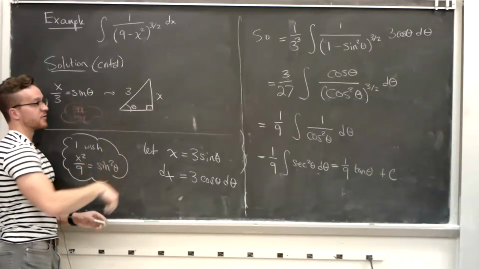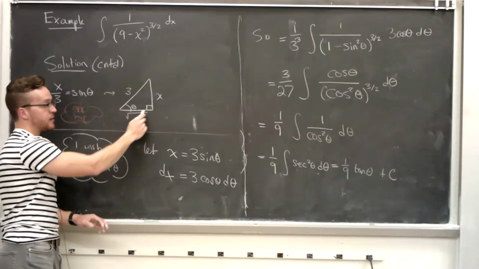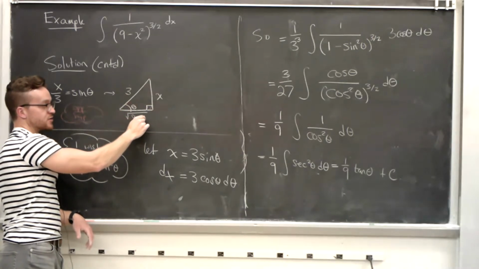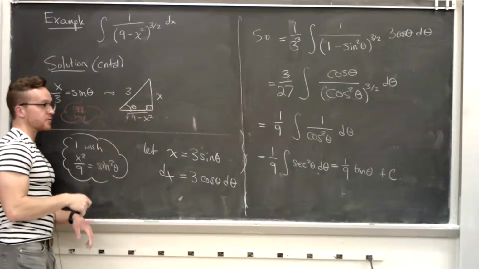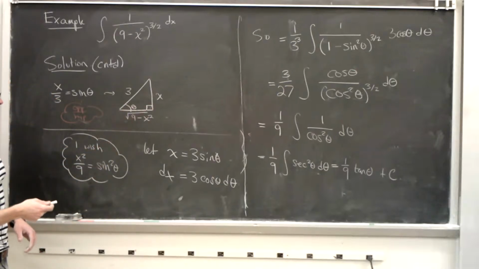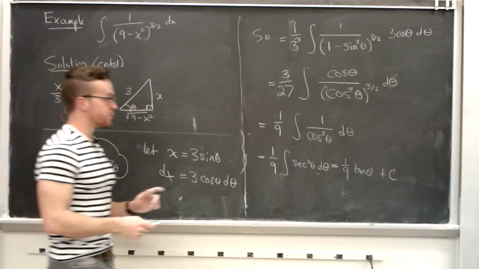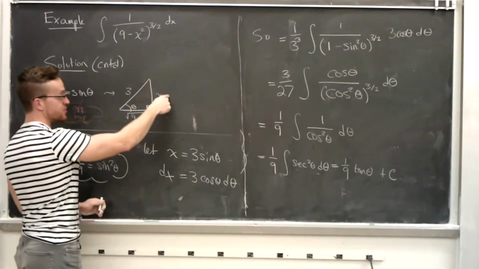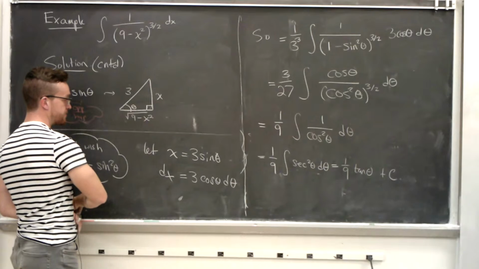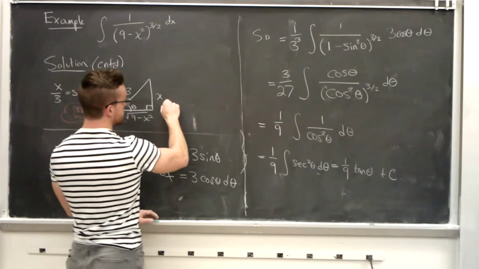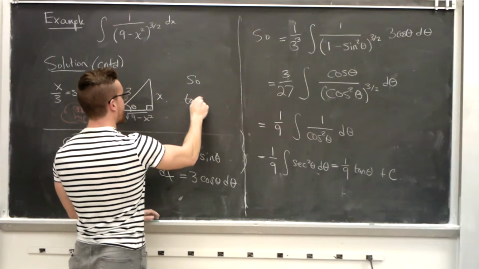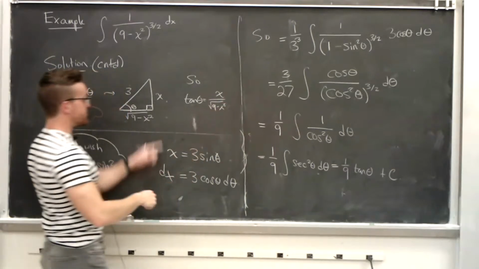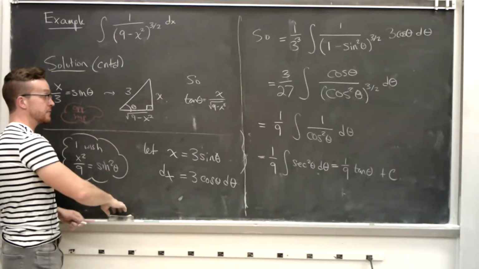And then I can use the Pythagorean theorem to solve for this side here. This squared plus this squared should equal 9. So it looks like this should be the square root of 9 minus x squared. The point there is, what do we care about? We care about tangent of theta. But now tangent of theta I can just read off from the picture here, because tangent is the opposite over the adjacent.